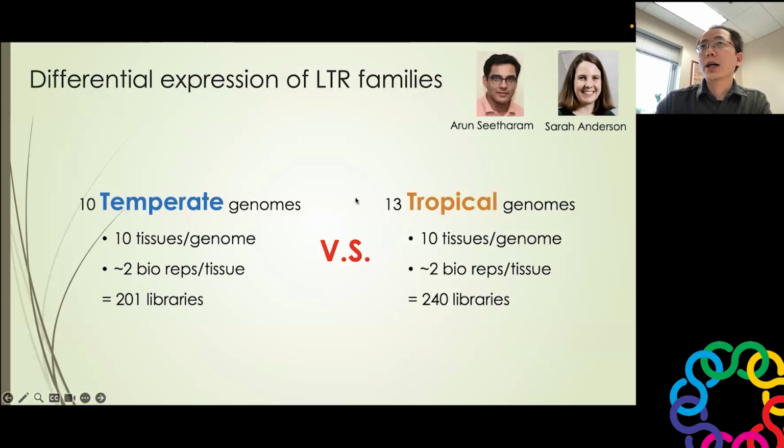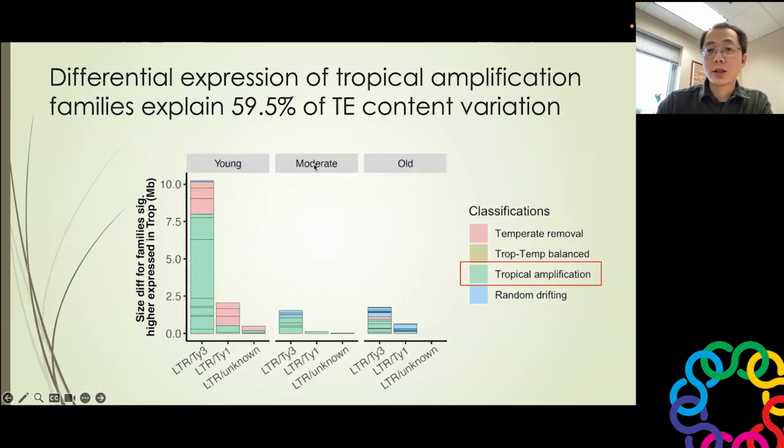So we make the contrast and identify those differentially expressed TE families and put them into context again, and we found them explaining almost 60% of the TE content variation. Those differentially expressed TE families contribute to 60% of the tropical temperate TE family size differences.